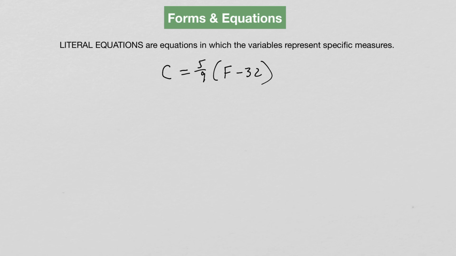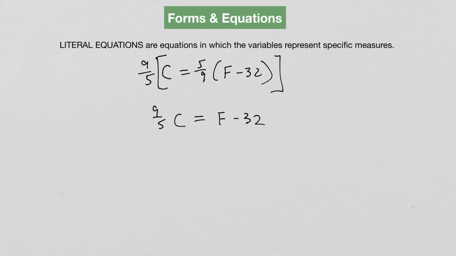And the reason we want to do that is because we want to eliminate that fraction. So what we're going to do is multiply this entire equation by 9/5. And what we get is 9/5 C is equal to, now the 5/9 cancel out because of the reciprocal, and what we have left is F minus 32.